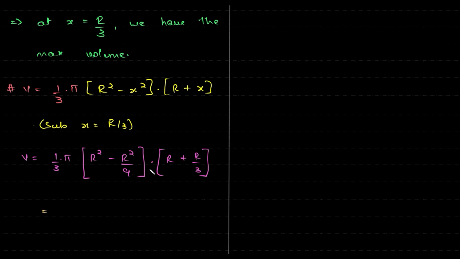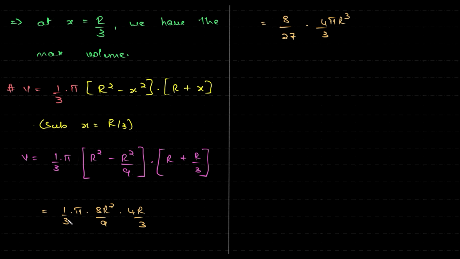Here the LCM is 9 and 3 and so on and so forth. 1 by 3 pi. This would be 8r square by 9. And this would be 4r by 3. A bit of rearranging and we have 8 by 27, 4 pi r cube divided by 3.